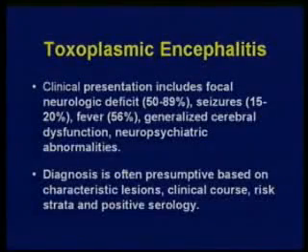Okay. So toxoplasma encephalitis. Clinical presentation: focal neurologic deficit, 50 to 89% of folks, seizures, fever, generalized cerebral dysfunction, neuropsychiatric abnormalities. And diagnosis is often presumptive based on characteristic lesions, clinical course, risk strata, where your T-cell count is, and positive serology.